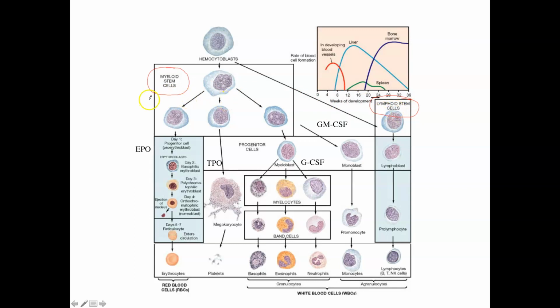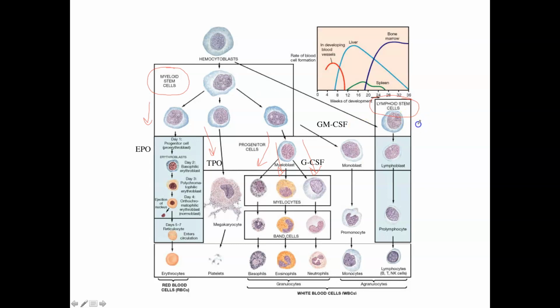You'll notice with the myeloid stem cells, you have the ability to produce progenitor type cells that are going to be able to develop red blood cells, be able to produce platelets, and then we're also going to be able to produce 4 of the 5 types of white blood cells. And so what we have is the myeloid lineage that's capable of producing a variety of types of cells within the bone marrow.